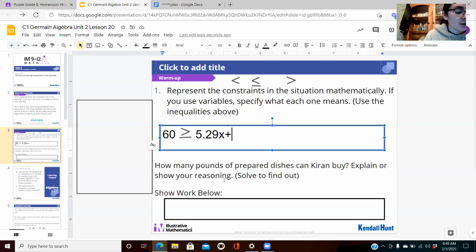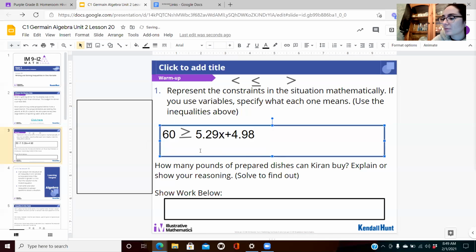So we could say 4.98. And so we would have this inequality here of $60 is greater than or equal to 5.29 X plus 4.98, because X represents our number of what? What would X represent in this scenario?